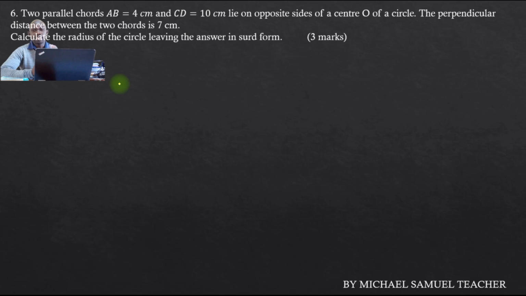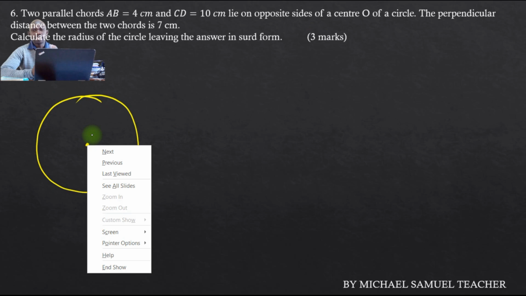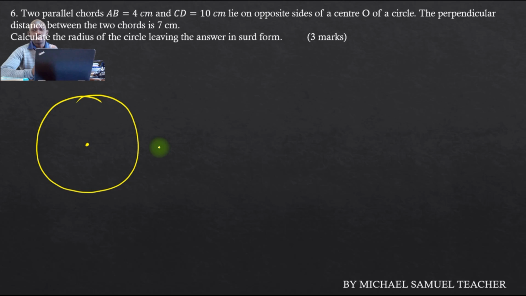So we are going to begin by drawing a circle, that is a circle with a center O. Then we have two parallel chords. AB is 4 centimeters and they lie on opposite sides.